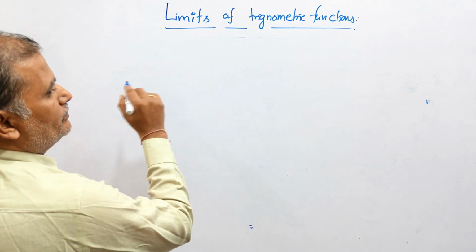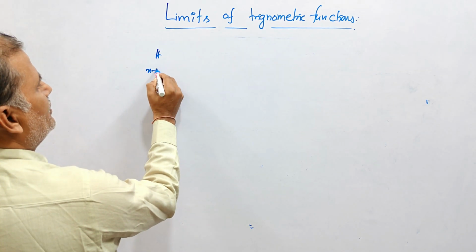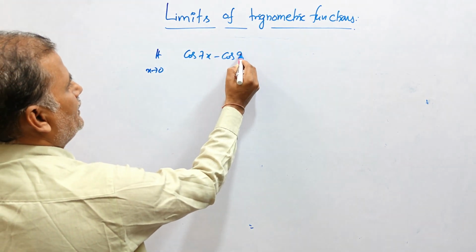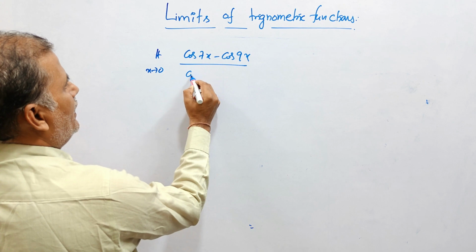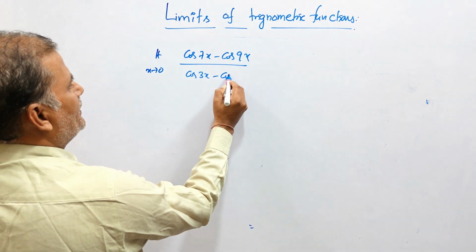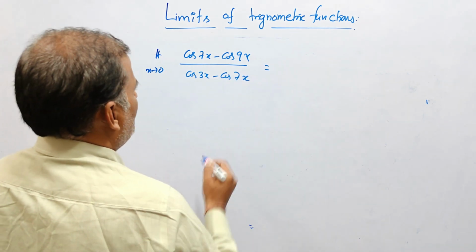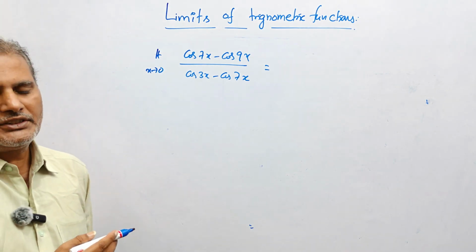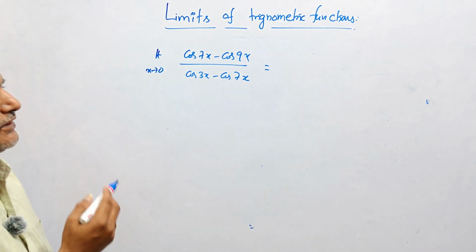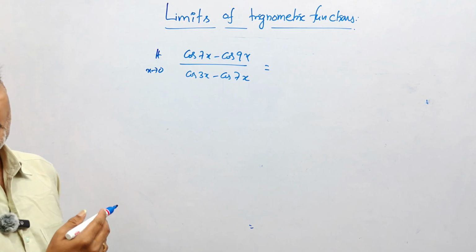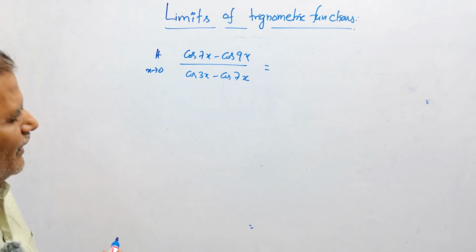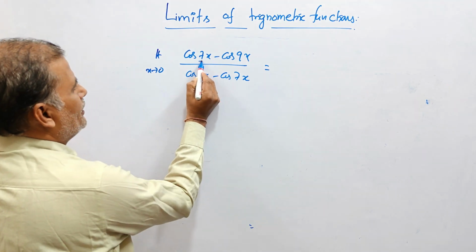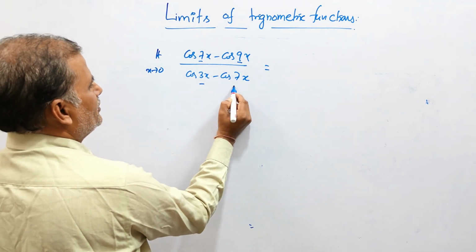Now another problem: limit as x tends to 0 of (cos 7x minus cos 9x) by (cos 3x minus cos 7x). Here we can use cos C minus cos D for numerator and denominator, or we can take a shortcut. This is a and this is b, and this is a and this is b.